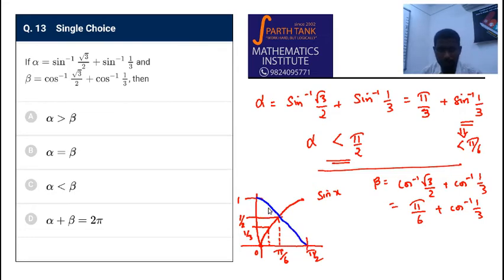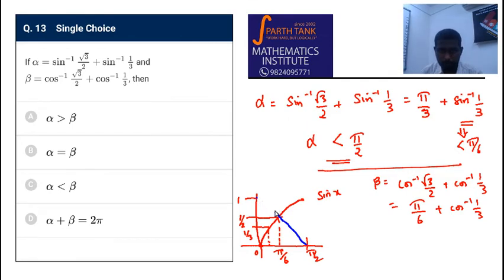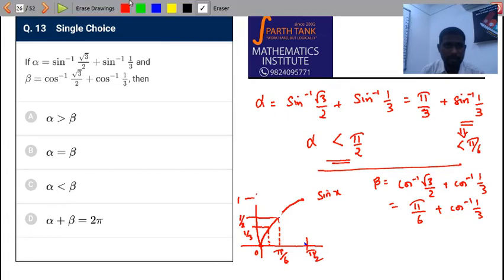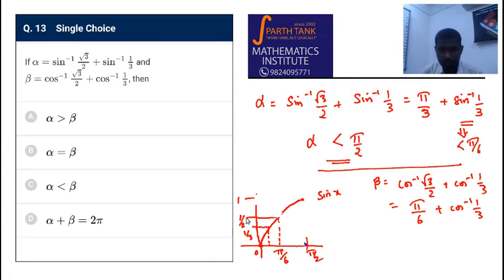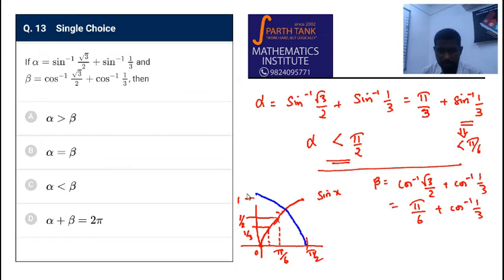Sorry, let me redraw this properly. Sin x and cos x intersect at 45. Alright, so let us say this is cos x.